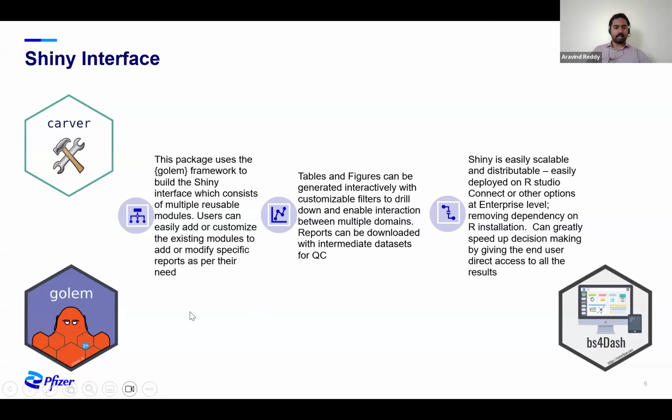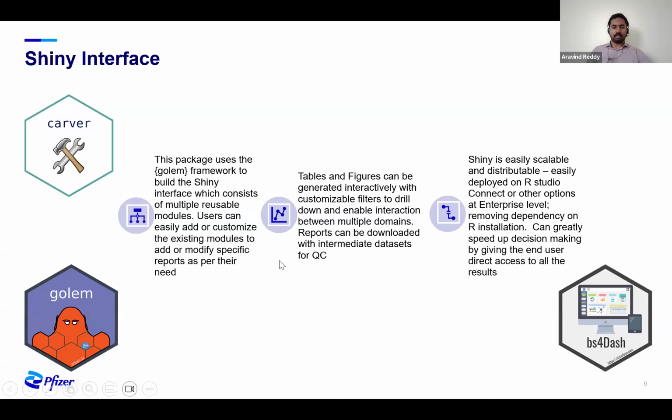As the Carver application is a Shiny application, we have used the Golem package to make the application production grade. So this is built with a completely modularized approach, which helps users to build, update, remove any modules at any point of time as per the requirements.